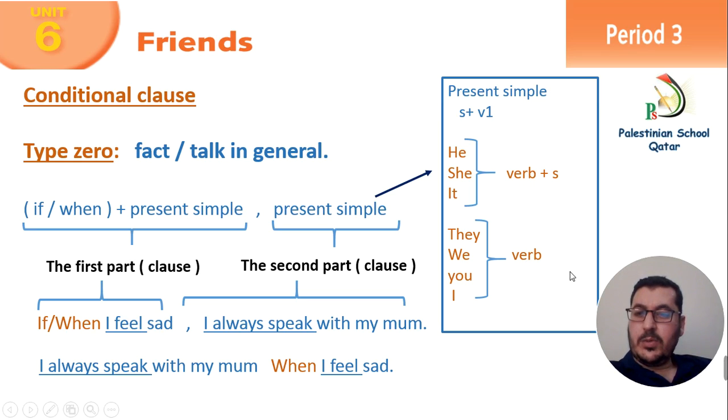When we have type 0, we talk about something factual, something talked about in general, absolutely true. The rule is if or when plus present simple, plus comma, and in the second part we have present simple.